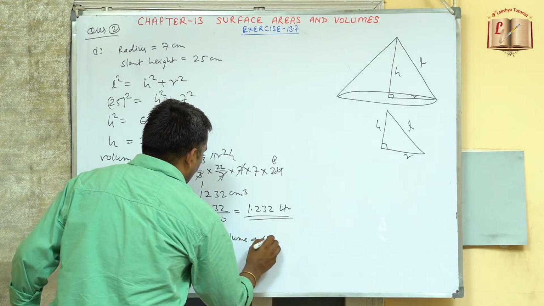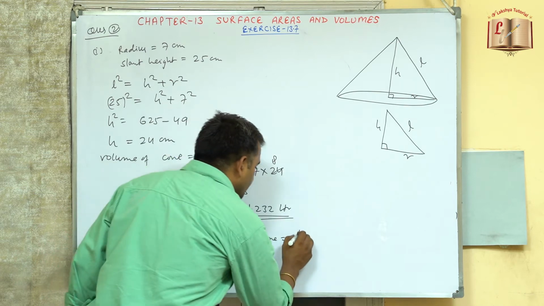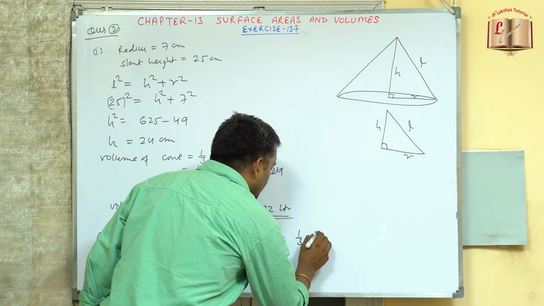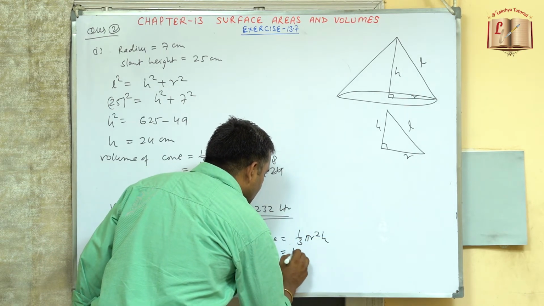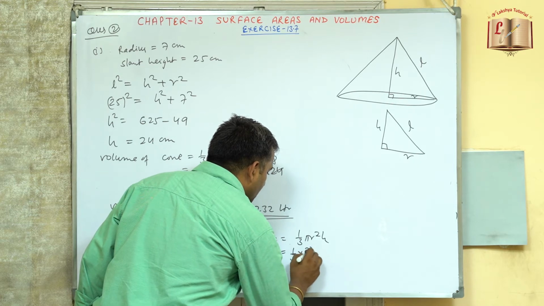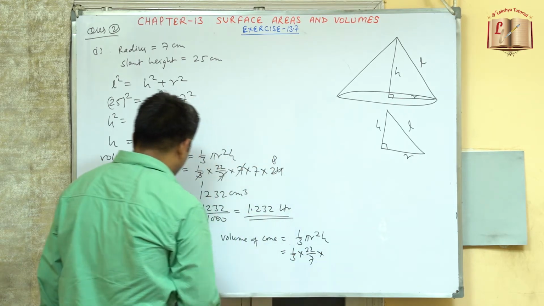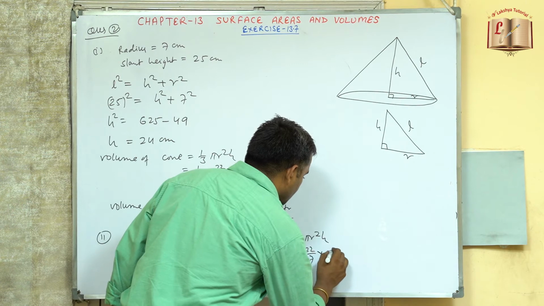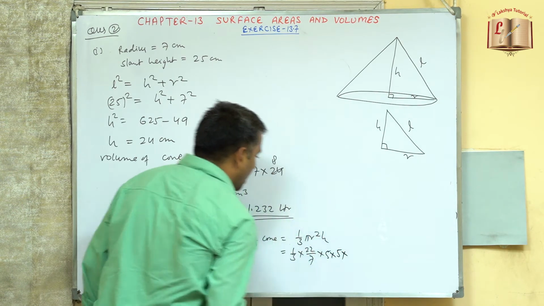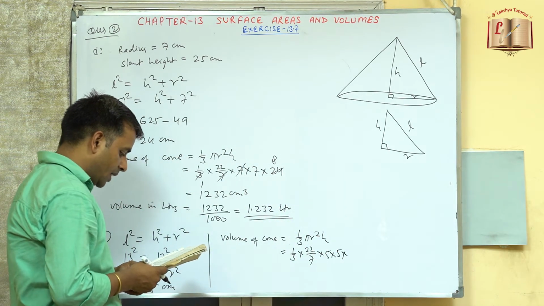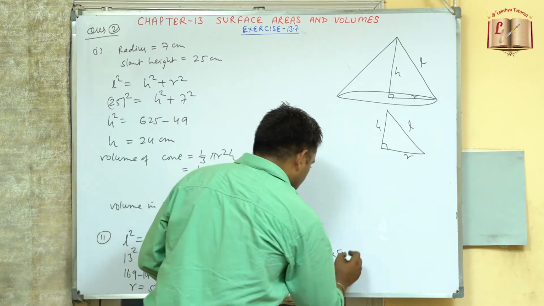Volume of cone will be equal to 1/3 pi r square h. So this is 1/3 into 22/7 into r, and r we got as 5, so 5 into 5 into height, which is already given as 12.